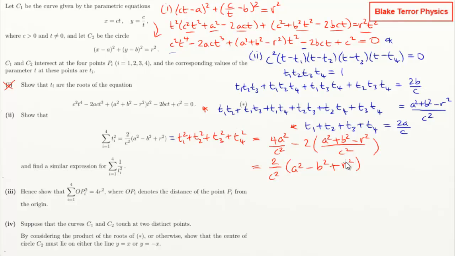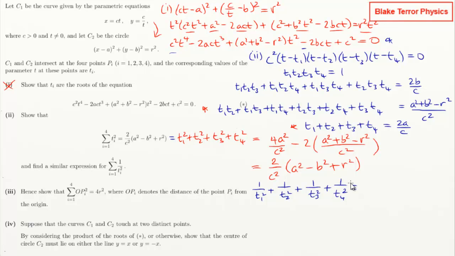Right, find a similar expression for 1 over t squared, adding them up. Right, so if I was going to do that again and have 1 over t1 squared plus 1 over t2 squared plus 1 over t3 squared plus 1 over t4 squared.